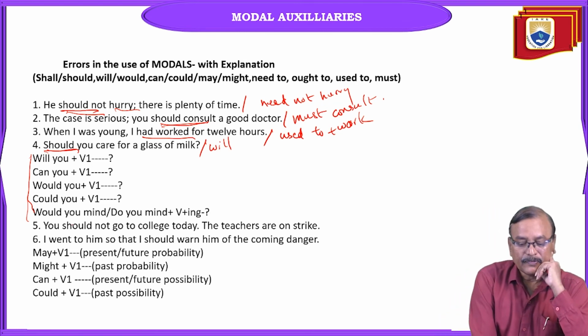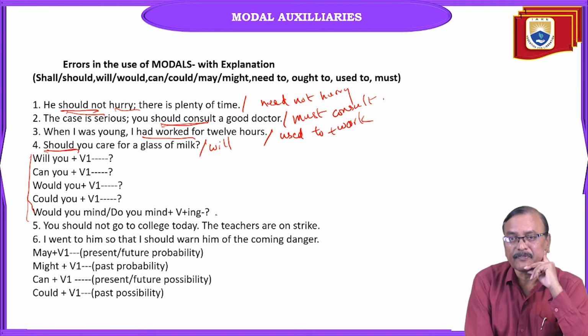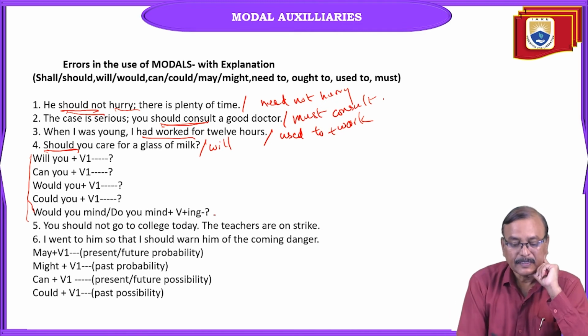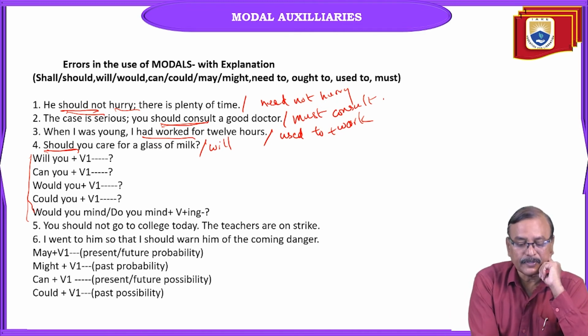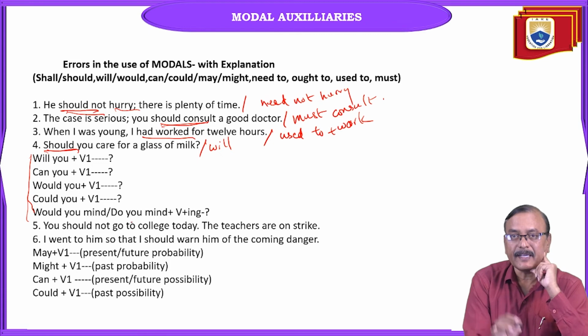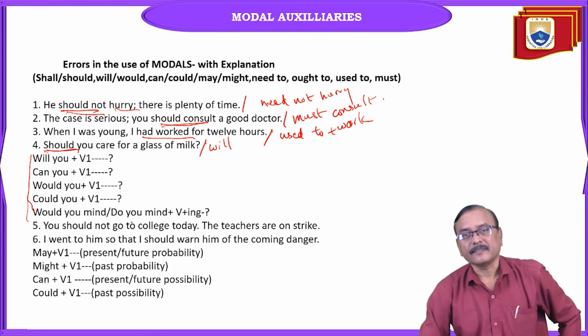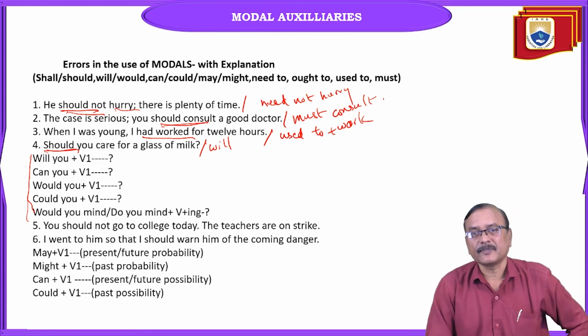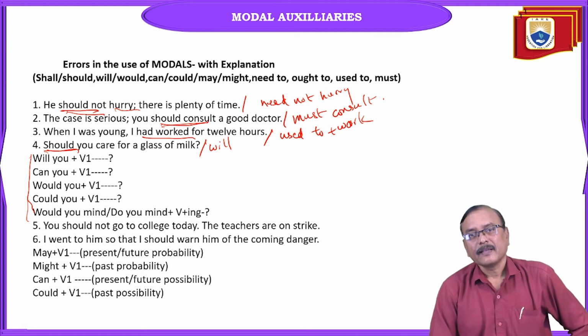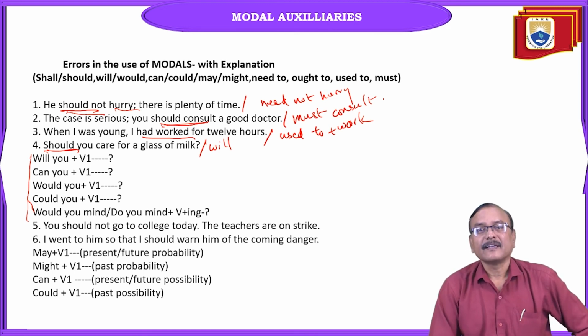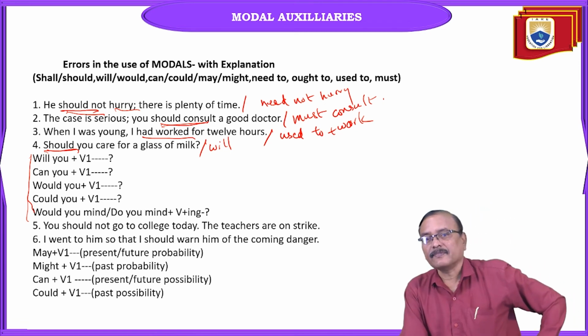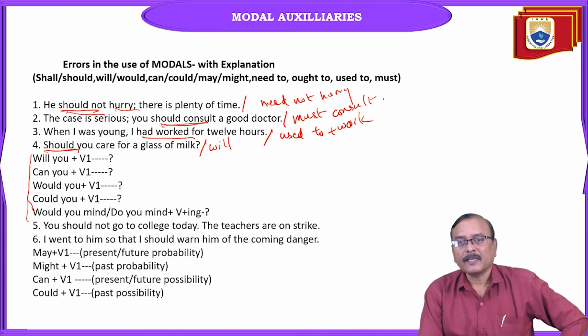And would you mind or do you mind plus being form is the most polite one. So from will you to could you and would you mind, politeness is increasing. These are requests only. "Will you care for a glass of milk?" means, indirectly, will you give me a glass of milk? That is a request. Okay.